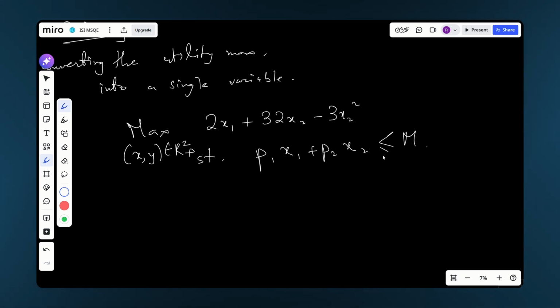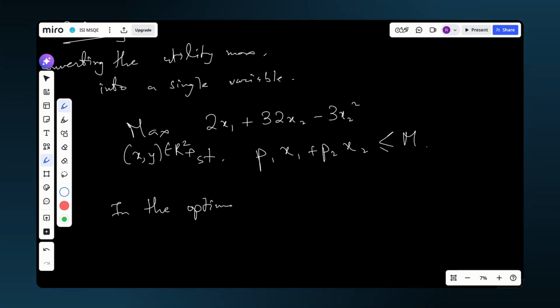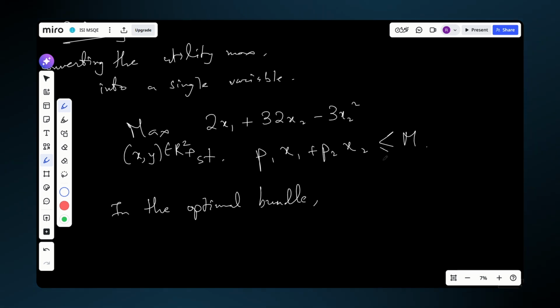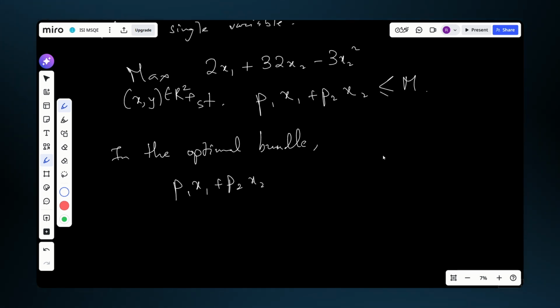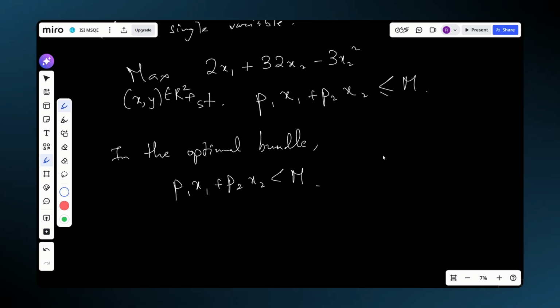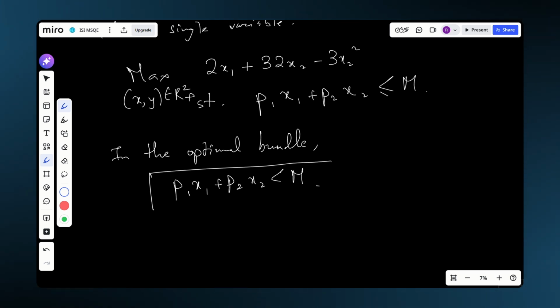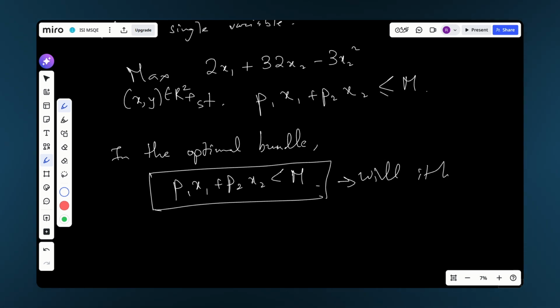Now just try to think like this. In the optimal bundle, will this condition ever hold true: p1 x1 plus p2 x2 is strictly less than m? Will this hold in the optimal bundle?